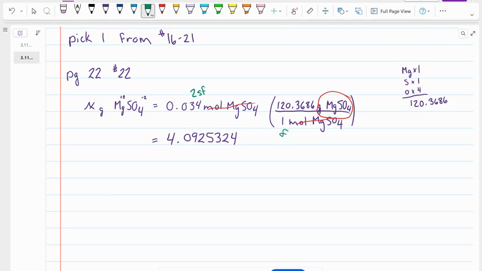This one's lots of significant figures, and then we have 7 significant figures in our molecular mass. So our lowest is 2 significant figures, and our answer should have 2. And that will end up being 4.1 grams of magnesium sulfate.